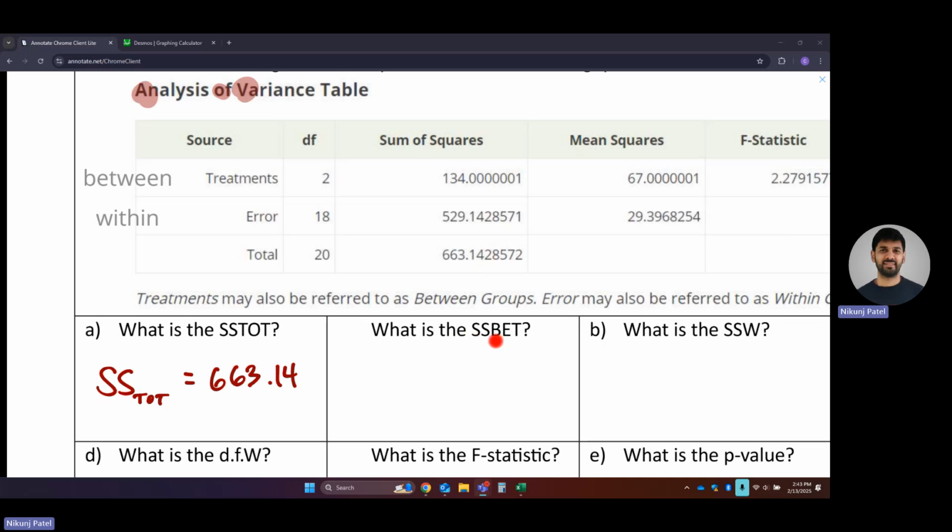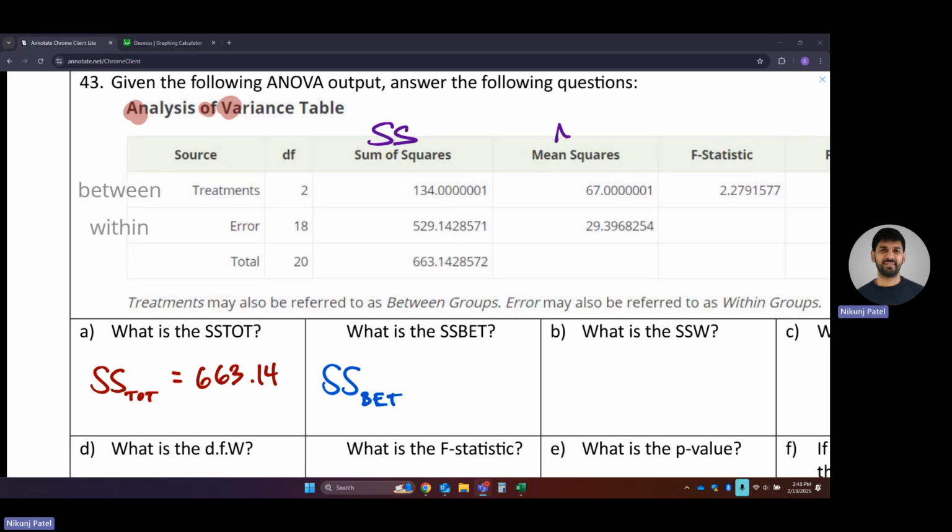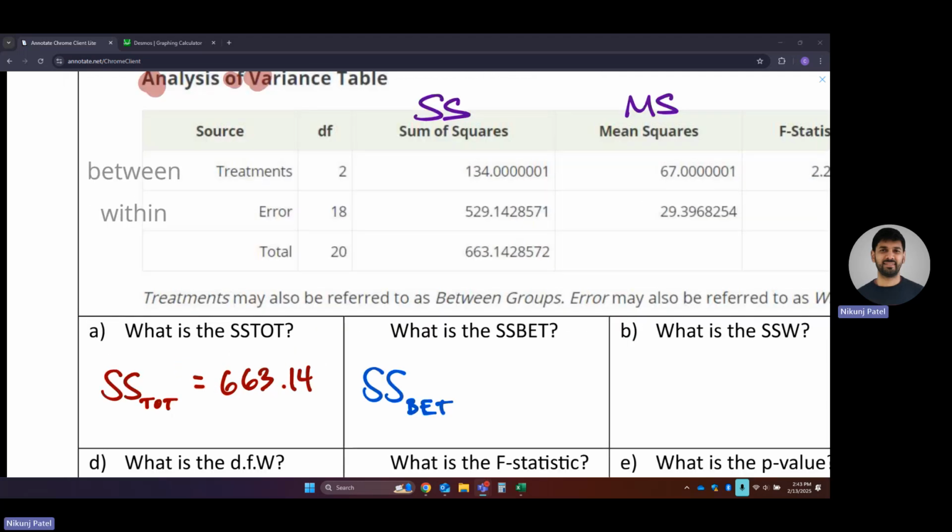SS between looks like this: capital S, and then the BET are smaller, representing between. So the treatments row is the between row. We're looking at sum of squares, SS. Let me write that up here: SS. This one over here is MS. So SS between, we match up the sum of squares row.